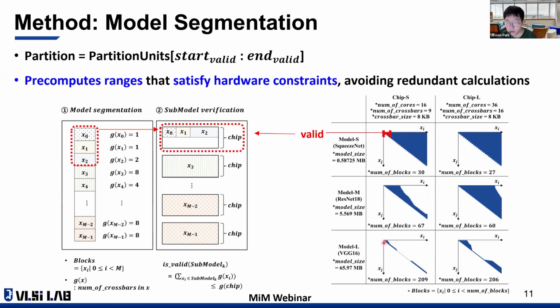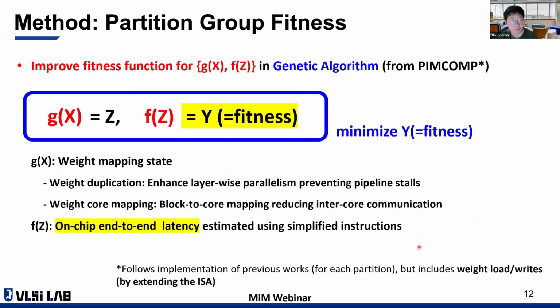For larger models, the layers themselves are very large, and there are a lot of blocks, so the model cannot fit in one chip. But we have to partition it using this scheme.